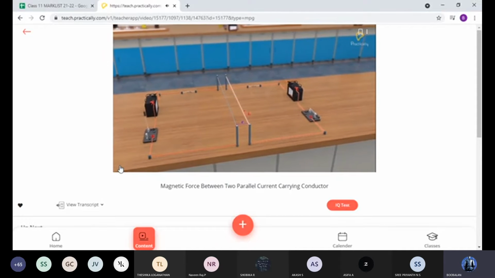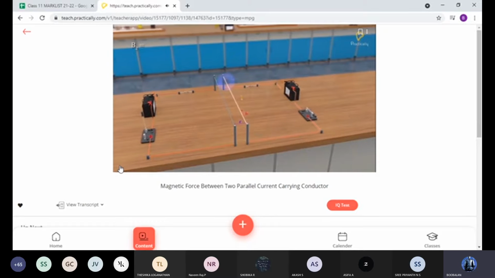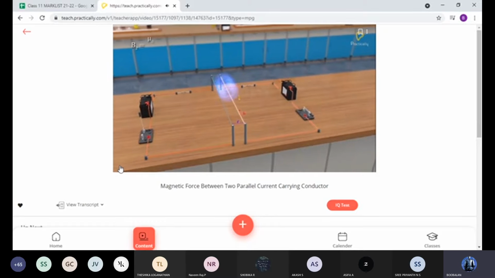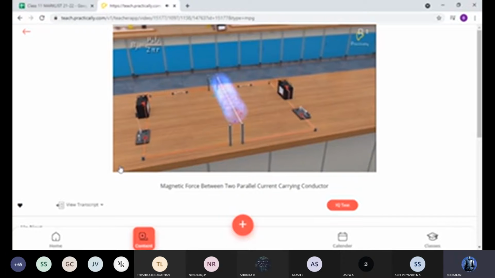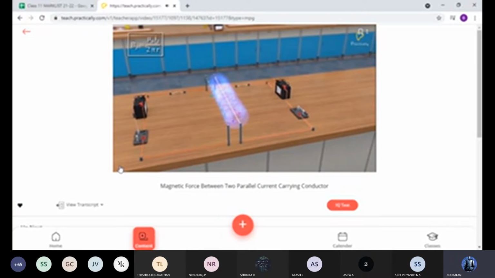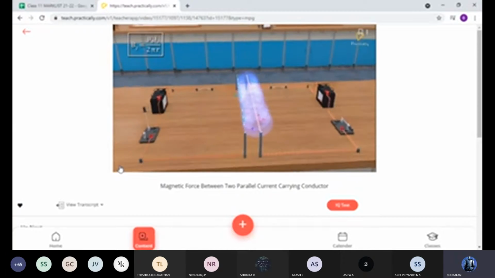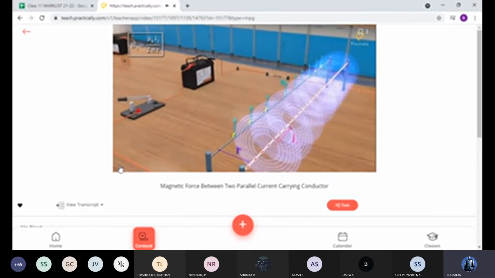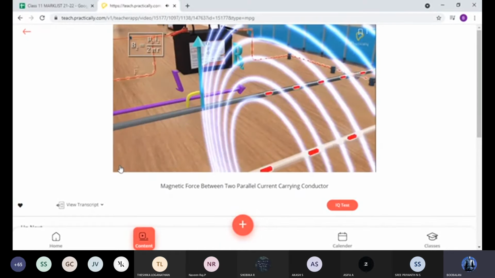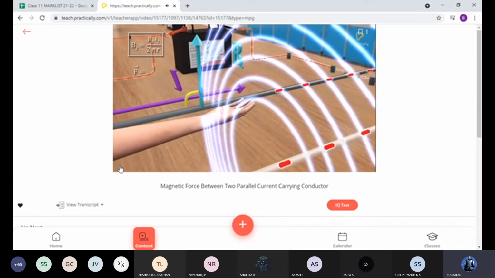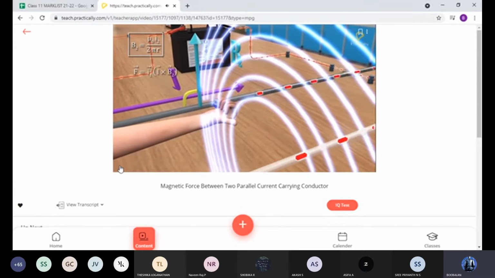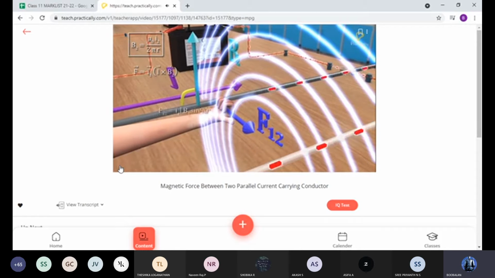Magnetic field B2 created by I2 at a distance r is mu naught I2 by 2 pi r in upward direction. Magnetic force on a finite section of length L is I1 L B2 towards the second conductor.